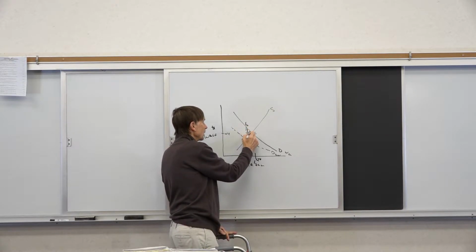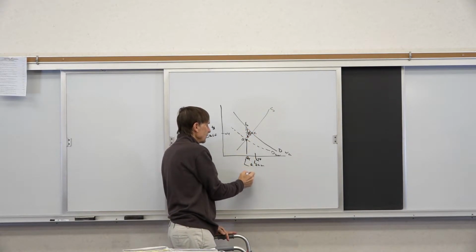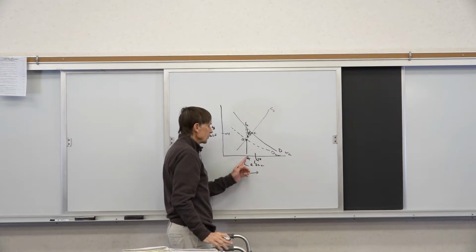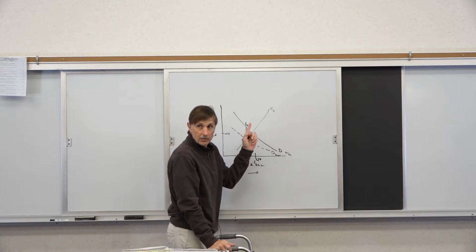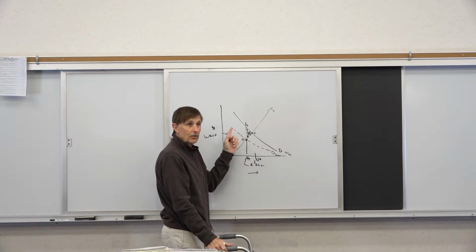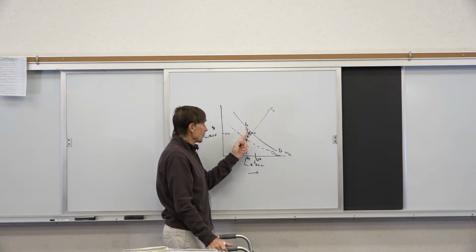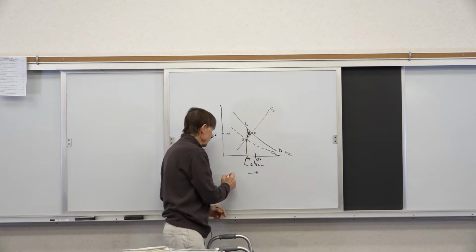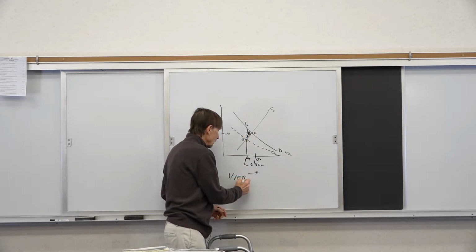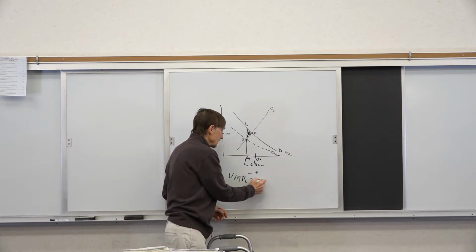All those units of labor between QT and Q star have a value of marginal product. This is what people are paying you, the value of marginal product. The value of marginal product is larger than the opportunity cost of labor.